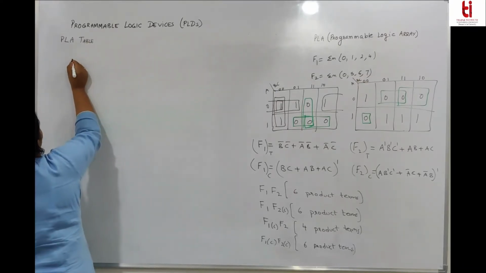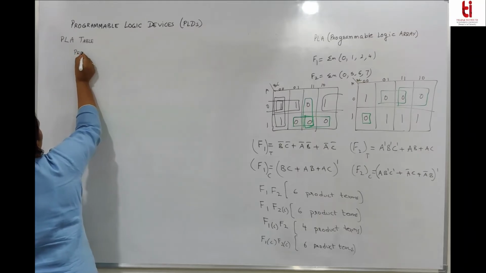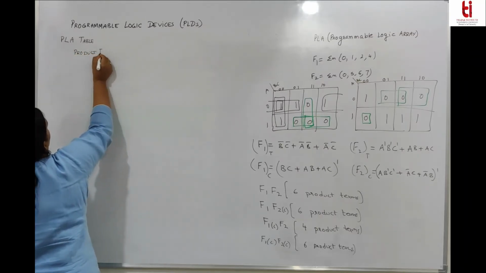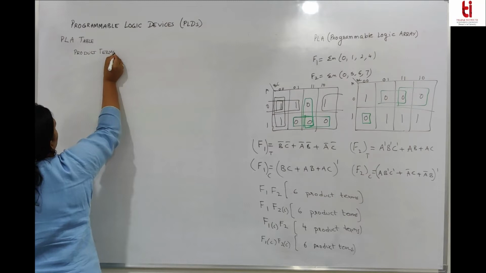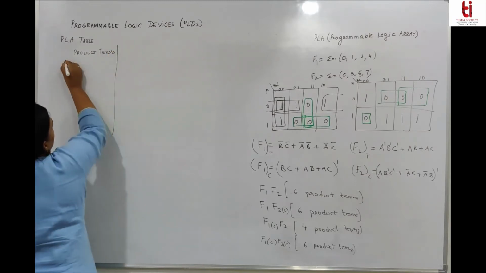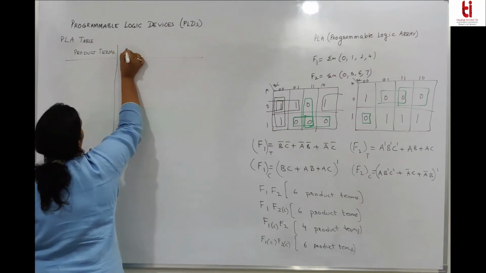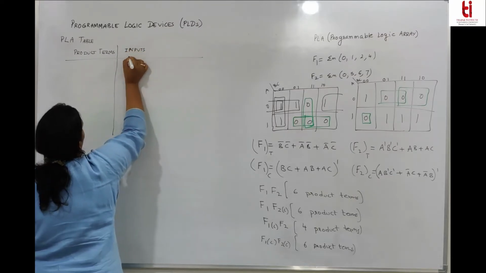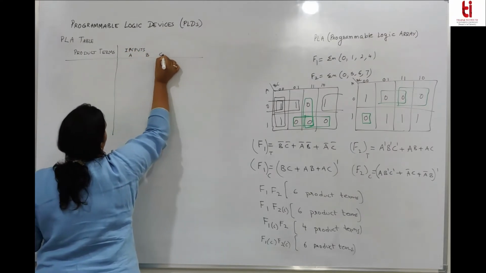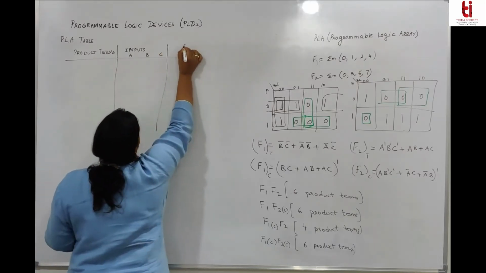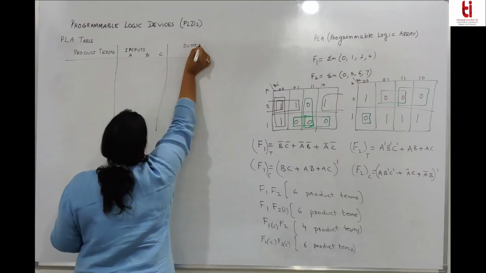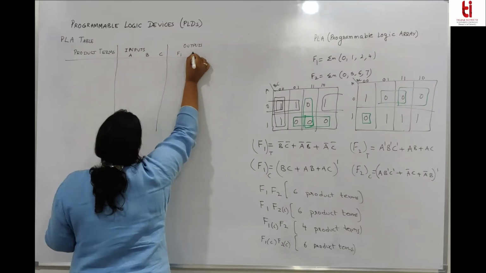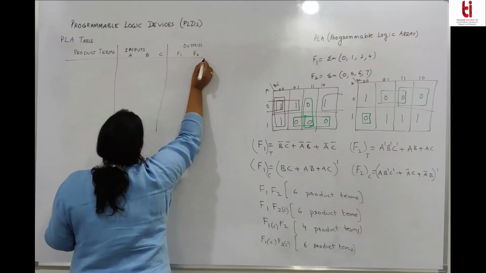Then write the product terms. These are the inputs. Inputs are A, B and C. And then you have the outputs, F1, F2.